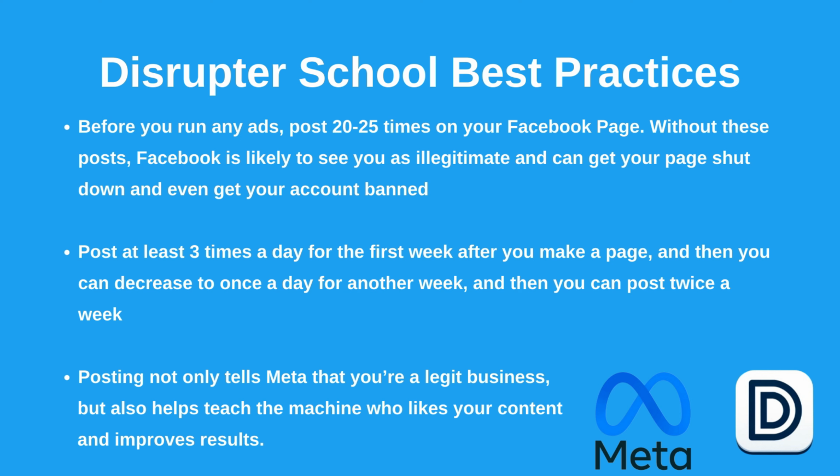I recommend that you post at least 3 times a day for that first week after you make the page. And then you can decrease to once a day for another week, and then you can post maybe twice a week after that, just to make sure that the page is active. Posting not only tells Meta that you're a legit business, but also helps teach the machine who likes your content. And this is a sneaky trick to help you improve your results.